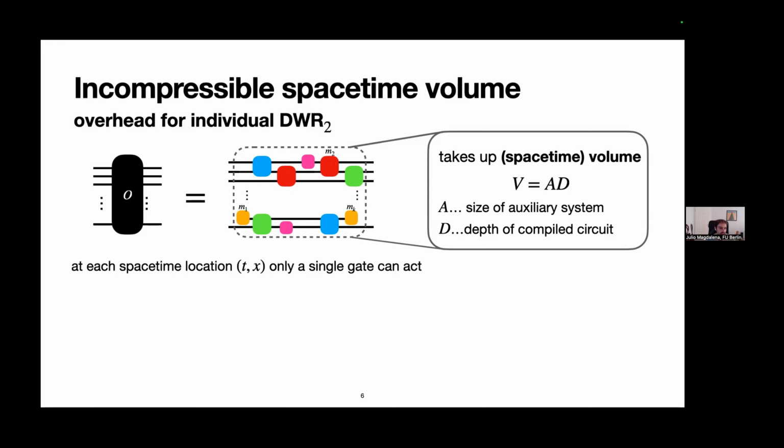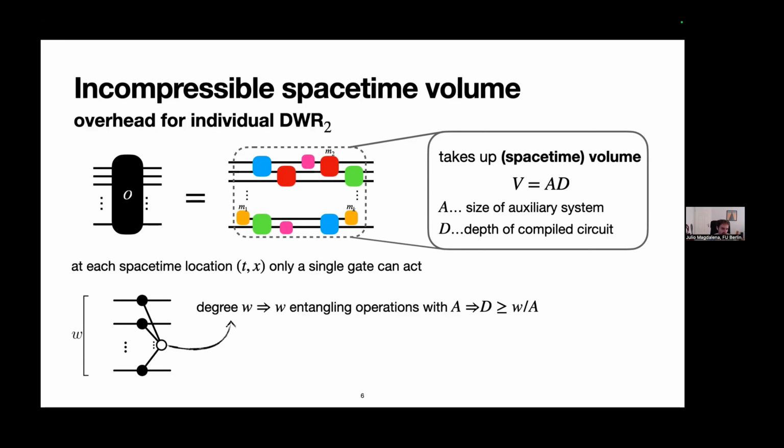Now, if we assume that at each space-time location, at some time t, some space position x, we can only act with a single qubit, then, since we have to split this tensor somehow to get elementary gates, we immediately see that since we have a degree W tensor in the middle, we need W entangling operations from the auxiliary system with the physical system, the qubits on which we measure.